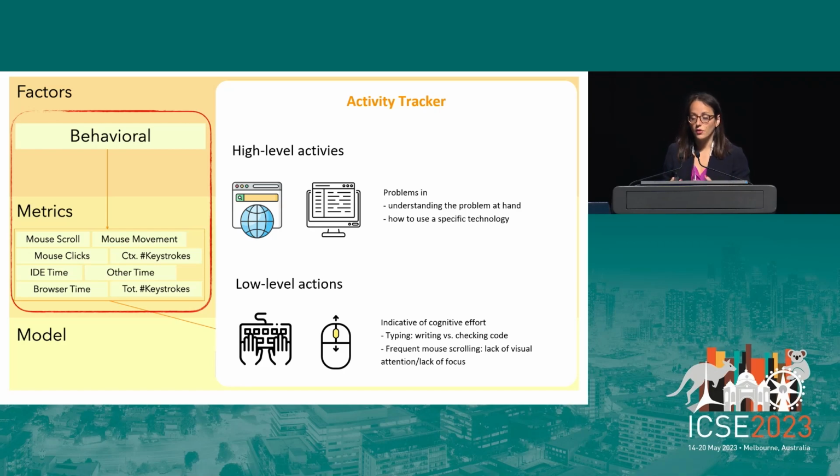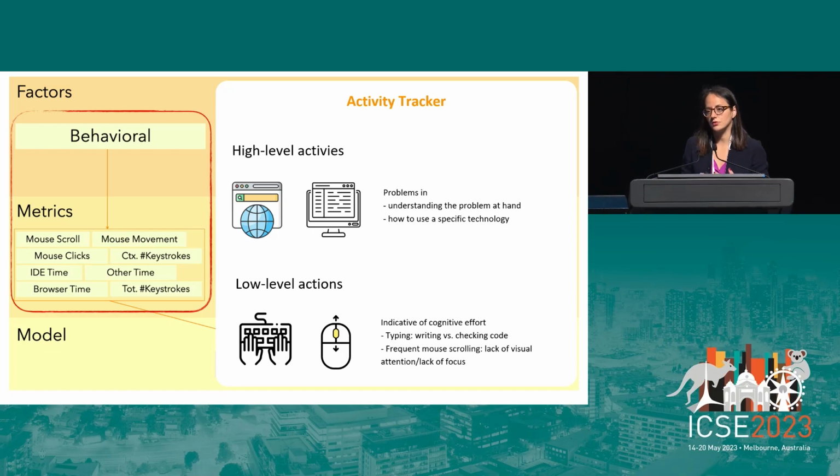Also the mouse scrolling can be an indication: based on previous work, it has been reported that this can be an indication of a lack of visual attention or visual focus. So all these aspects can be useful, for example, in predicting whether a person is focusing on the task or experiencing cognitive difficulties, which could be a risk factor for the introduction of a bug.